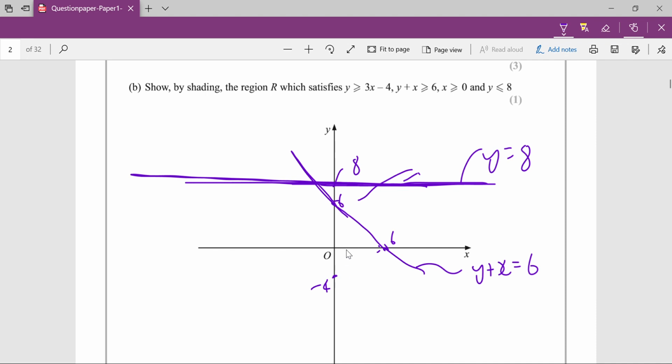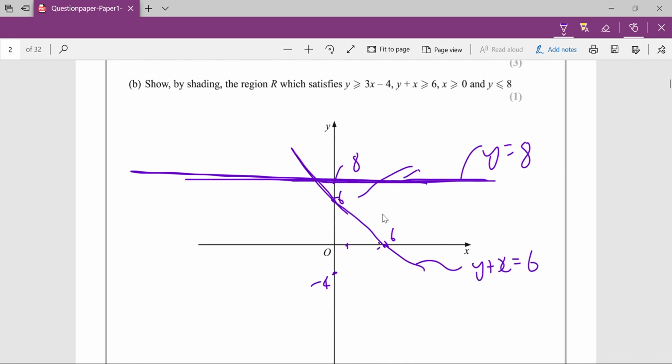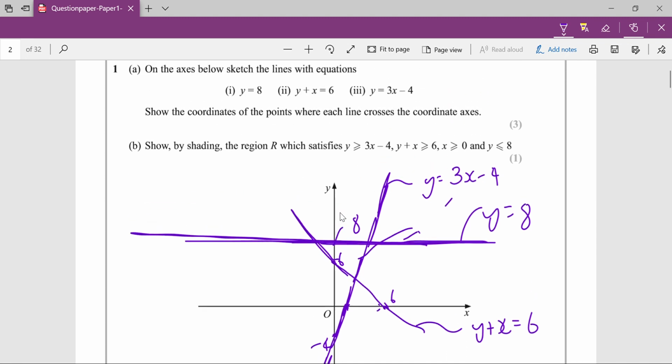So when y is 0, x would be 4/3, which I suppose would be about here. So we've got these 3 lines here. This is y equals 3x minus 4, because there's a positive gradient of 3 and a y-intercept of -4.